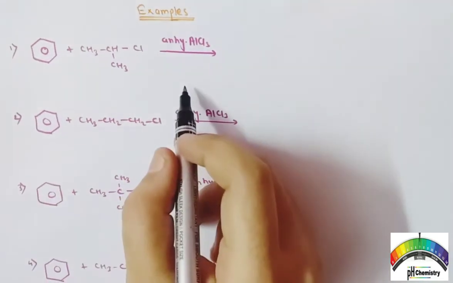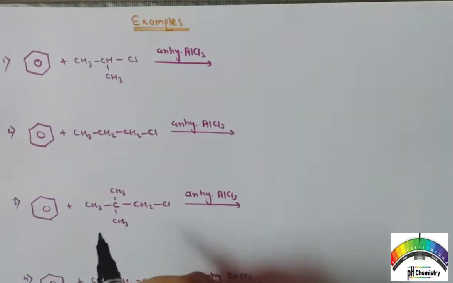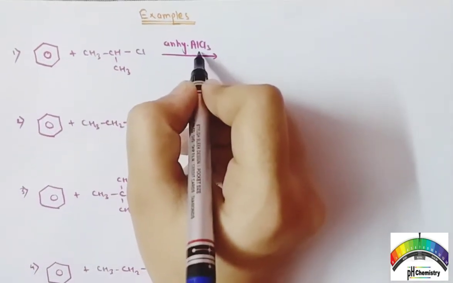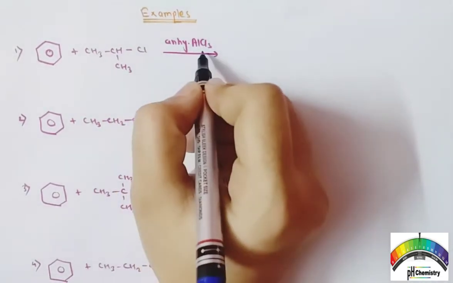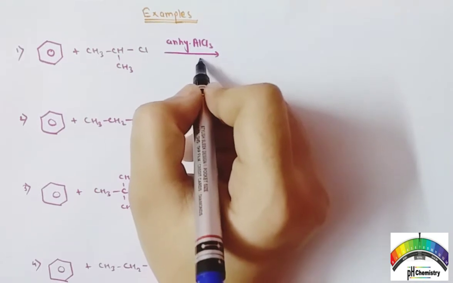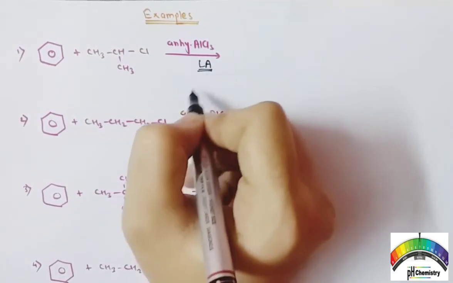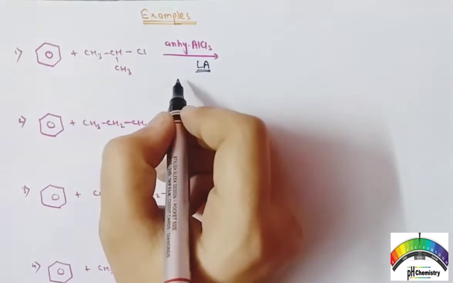Before seeing the examples, I will tell you why the anhydrous AlCl3 is used. Anhydrous AlCl3 means without any water molecule. As I told you, AlCl3 is a Lewis acid, so it is electron deficient. It wants electrons.